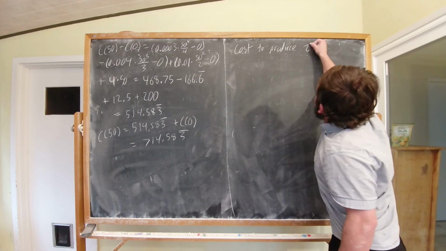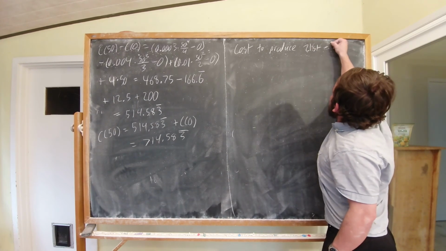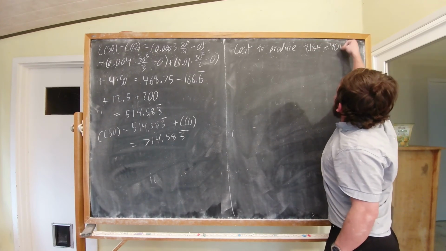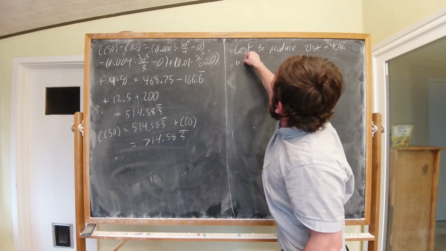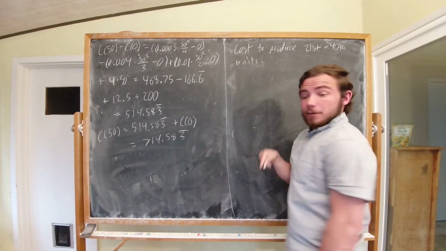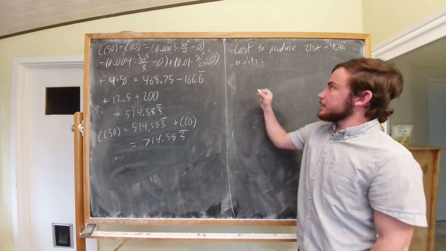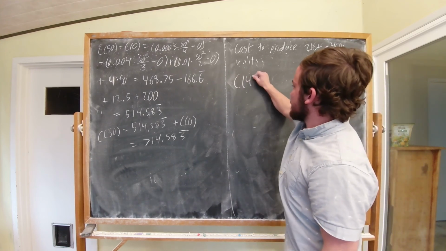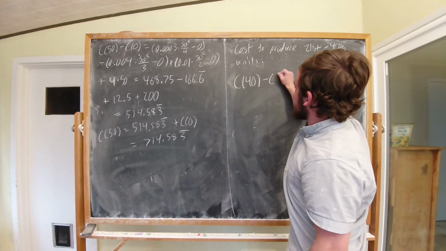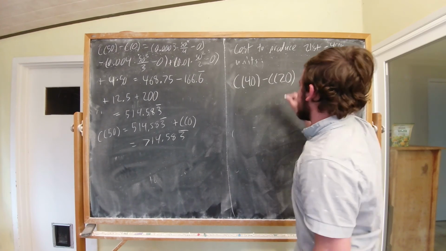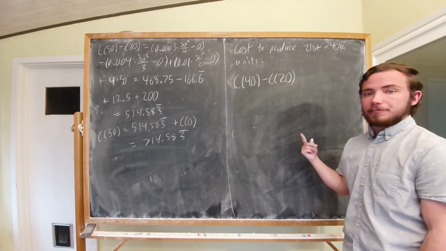So the cost to produce the 21st through 40th units, in terms of our overall cost function, is the cost of making 40 of them minus the cost of making the first 20, right? Since we need to start counting at 21.